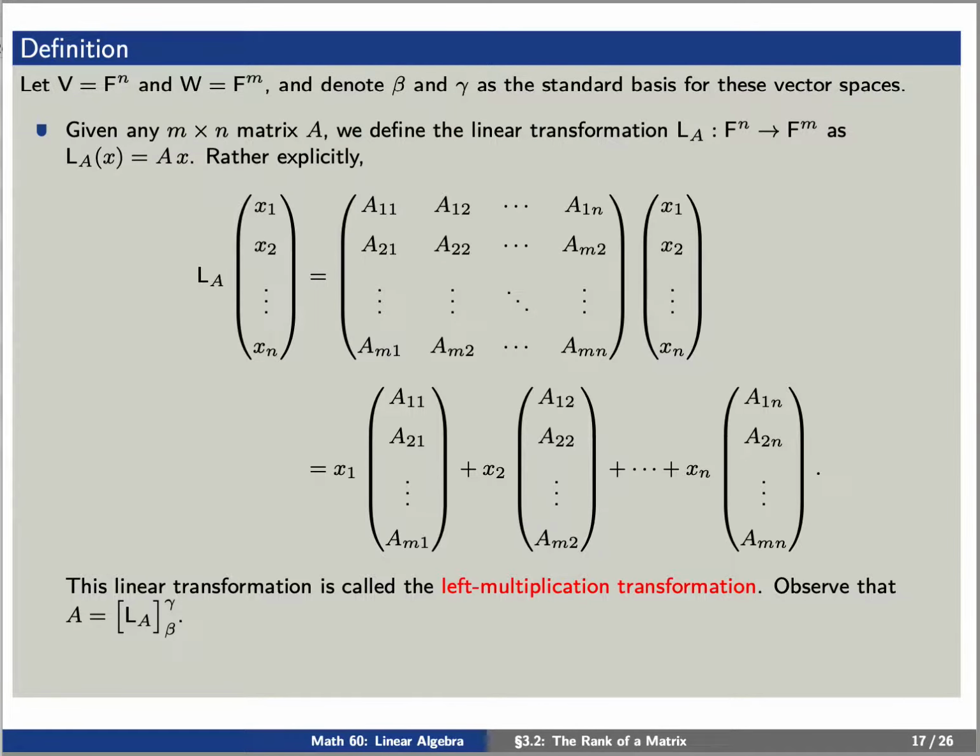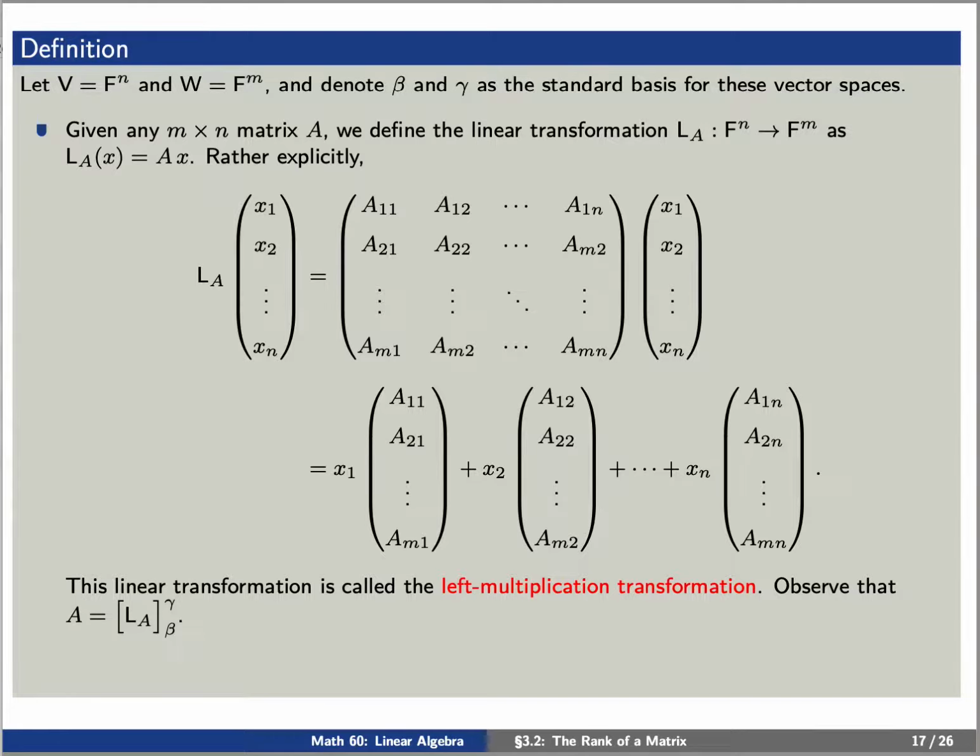Given an m by n matrix A, we'll define a linear transformation L sub A as follows. It will simply take a vector x and return A times x. This linear transformation is called the left multiplication by A, or the left multiplication transformation. Hence the reason why we write this as L sub A.